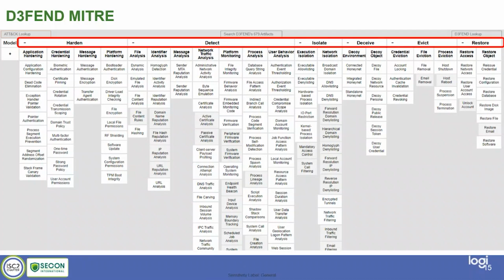Based on these metrics, the SOC team analysts can observe and analyze relevant digital artifacts using countermeasure techniques to understand what type of attack techniques an adversary may be trying to use on the network.